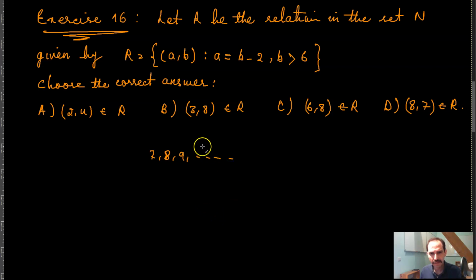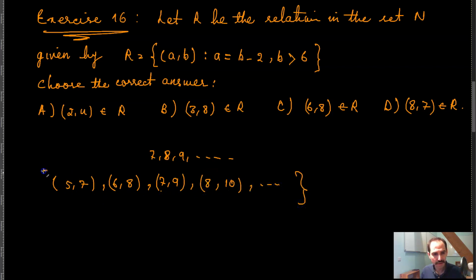And so what that means is that if you subtract 2 from B, you will get A, right? So that means that you will get all of these ordered pairs: 5, 7 and 6, 8 and 7, 9 and 8, 10 and so on and so forth. That is your R.